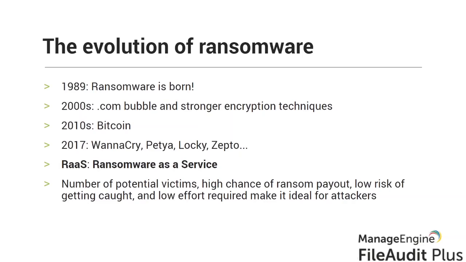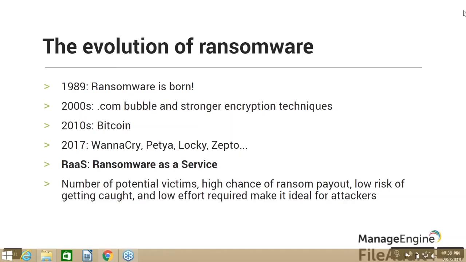After that, the 2010s, which is where we are now, with Bitcoin. I'm sure Bitcoin is something that's been in the news a lot lately, and Bitcoin has resulted in ransomware becoming a much bigger threat in this decade, because Bitcoin has so many advantages for hackers and criminals. Bitcoin cannot be tracked. It gives them anonymity, and it allows them to carry out attacks and get away with it, right?